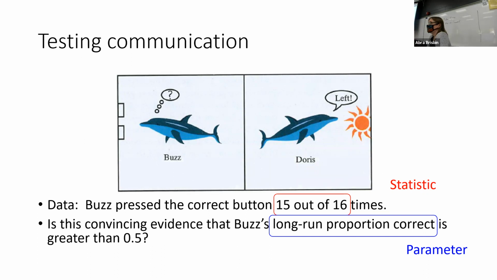The parameter in the context of a statistical study is a numerical summary of the long run situation or about the whole population. So in this case, we're thinking about if Buzz pressed the button infinitely many times, what would his proportion correct be? Or what would his probability of pressing the correct button be? That's our parameter. Everybody got this idea of the setup? All right.